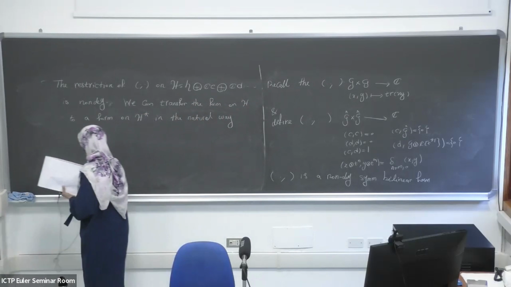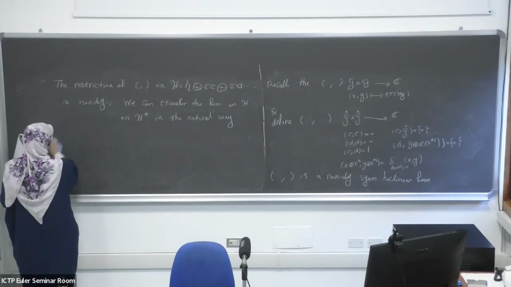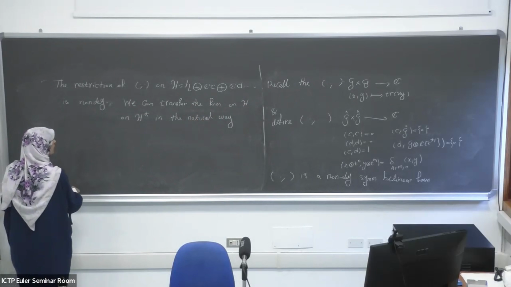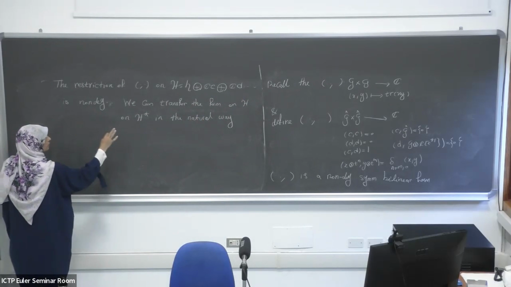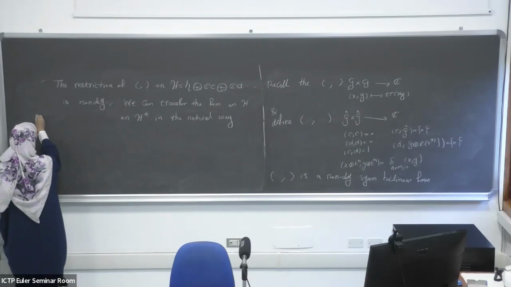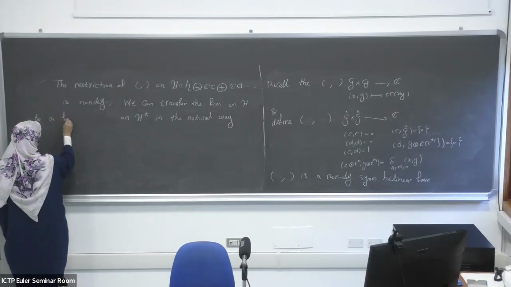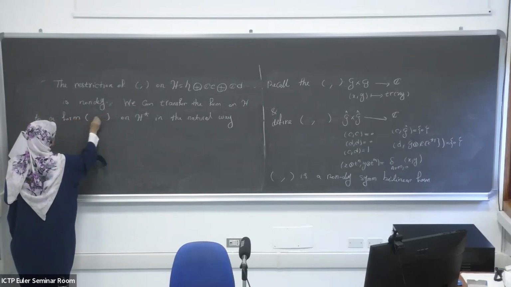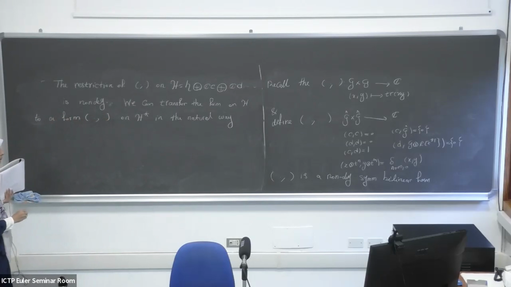Let me denote the form also with a notation. On the form on H, we can transfer the form on H to a form on H star.